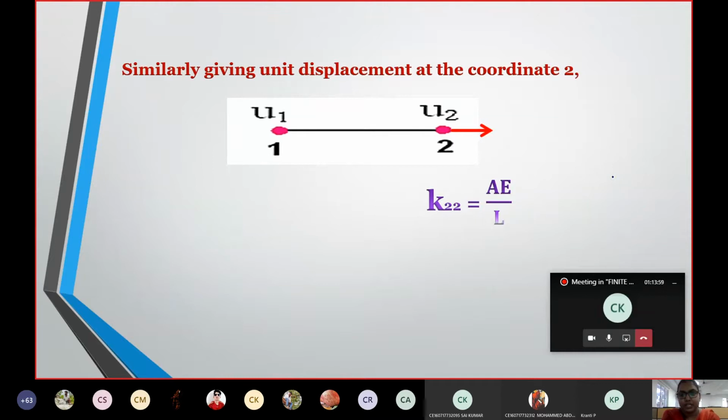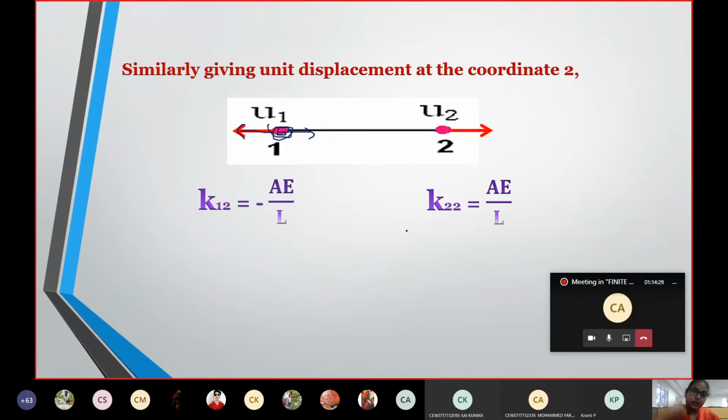What will be the next term? Minus AE by L. Very good. If I am giving displacement at 2, the member tends to move in this direction, but I need to restrict that and stop it, so I need to give an equal and opposite reaction. So K12 will become minus AE by L.